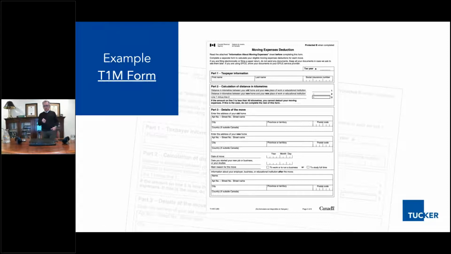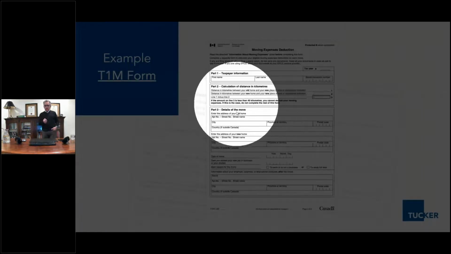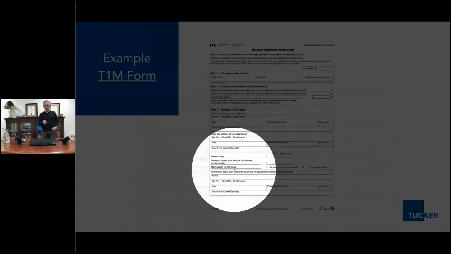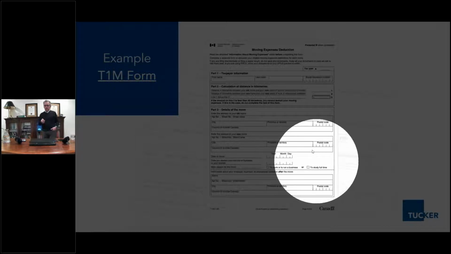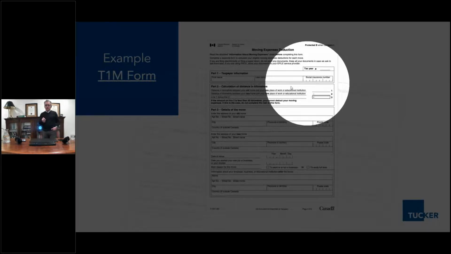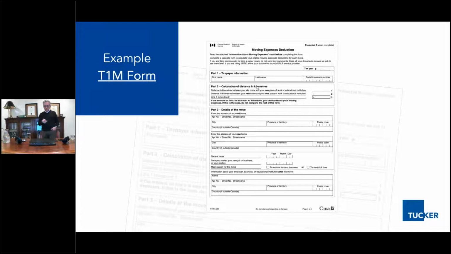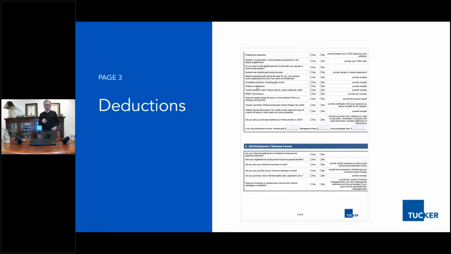So this is the form we will be completing. Take a read through it, go online and look for the T1M form and just familiarize yourself with the information. But please don't feel you have to complete the form. This is just what CRA is looking for in order to make sure you qualify for moving expenses.